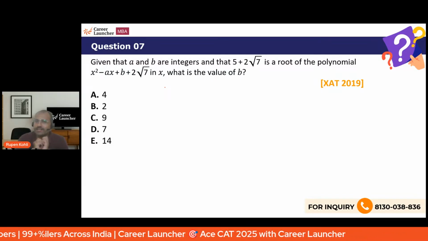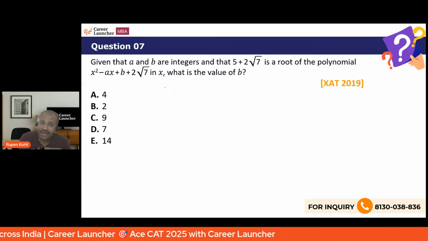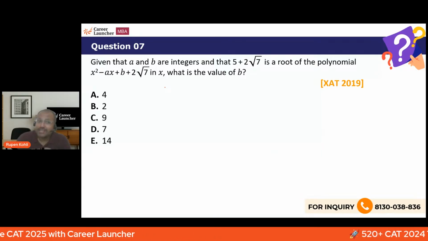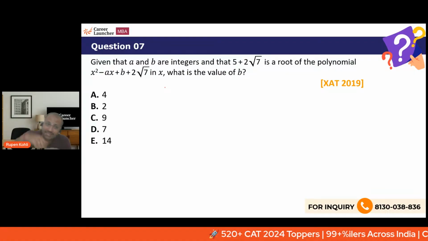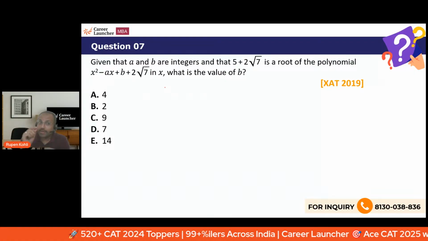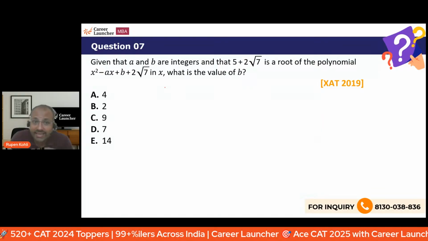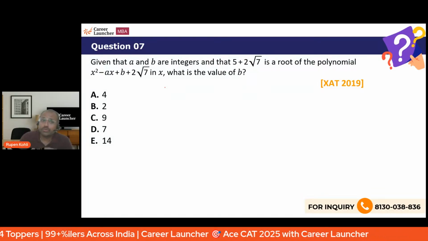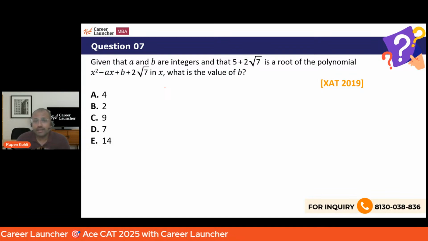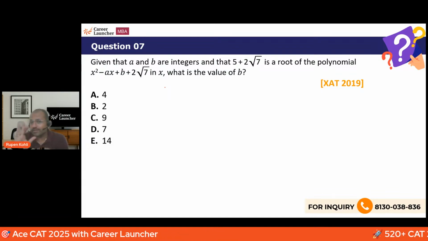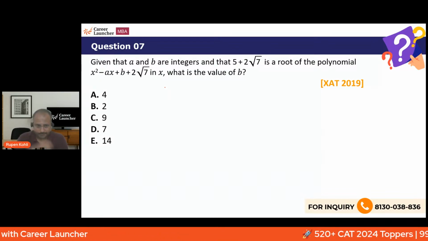But you know that the given quadratic does not have coefficients which are integers. The quadratic in front of you has the constant term which is clearly irrational, b plus 2 root 7. Because the question initially says a and b are integers, so b plus 2 root 7 is for sure an irrational number. So here you cannot apply that funda and you cannot say that, oh, the roots are 5 plus minus 2 root 7 and proceed.